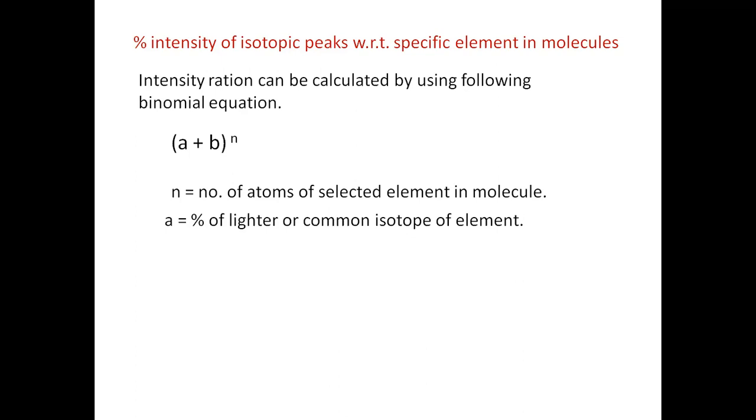For example, if we are taking carbon 12 and carbon 13, A is the carbon 12 percentage, and B is the percentage of the heavier isotope of the element. Like this, we have this binomial equation. By using this, we can find out the percentage intensity of the isotopic peak.